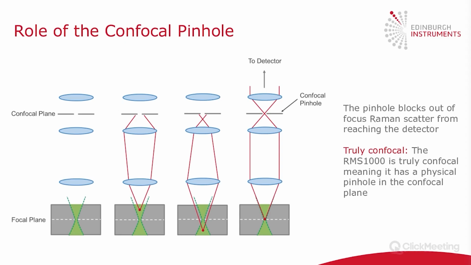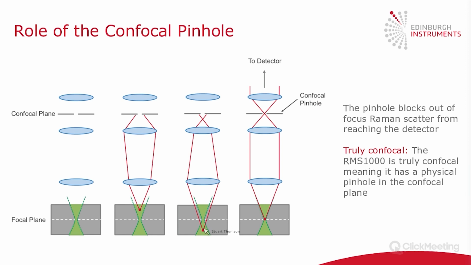And the solution to this is to introduce the confocal pinhole that I showed on one of the first slides. The idea of the confocal pinhole is to give you this depth resolution. So if we have Raman scatter originating from above the focal plane, this is now blocked by the pinhole from progressing further.